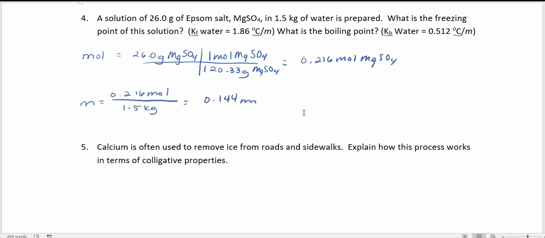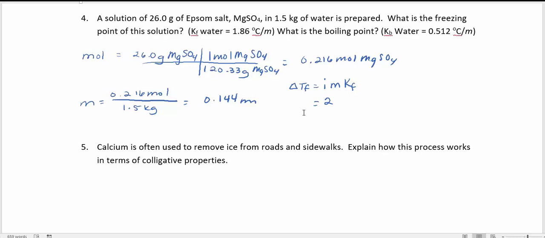Now we need to find the delta Tf and the delta Tb. So I'm going to start with delta Tf here. Delta Tf is i m Kf. I, in this case, we have two particles because this is an ionic compound and it breaks into two ionic species, the magnesium and then the sulfate anion.